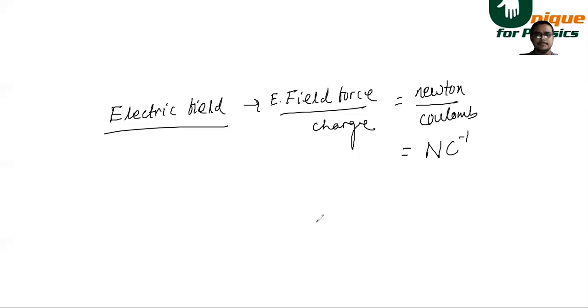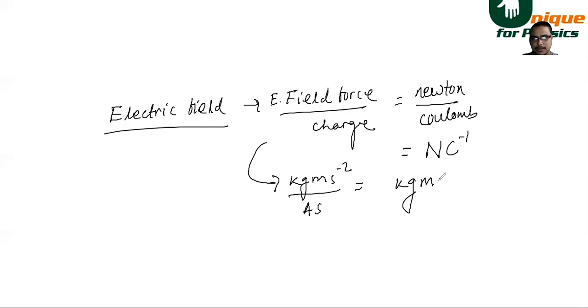If you want to write using the fundamental quantities, then also you can. Force can be written as kg meter per second square, and charge can be written as ampere and second. So Newton per coulomb can also be written as kg meter ampere inverse s minus 3. This also represents the same.